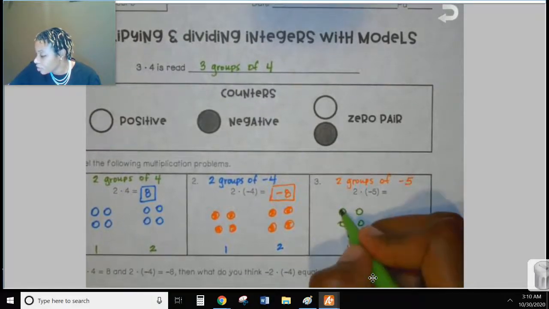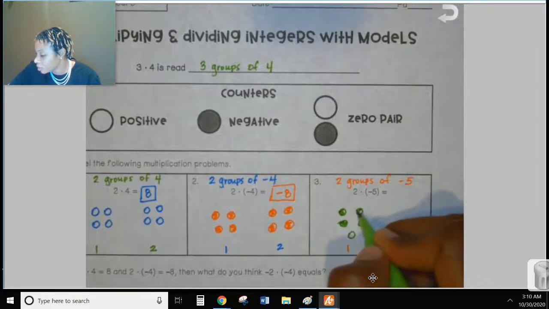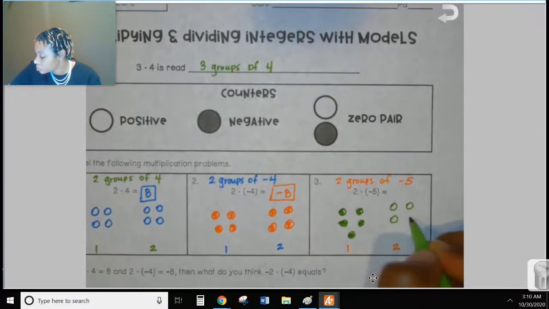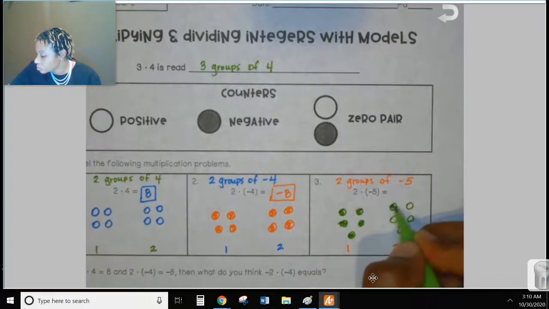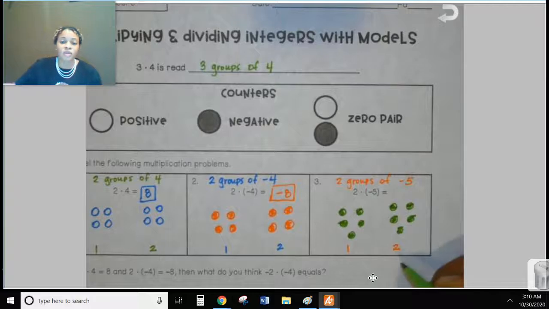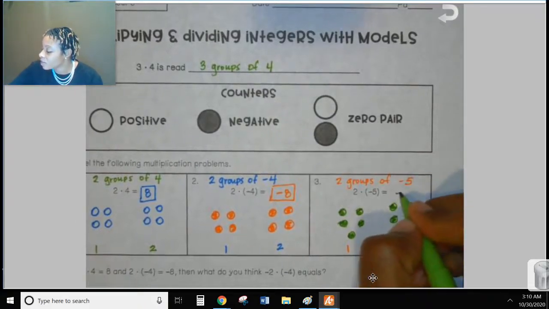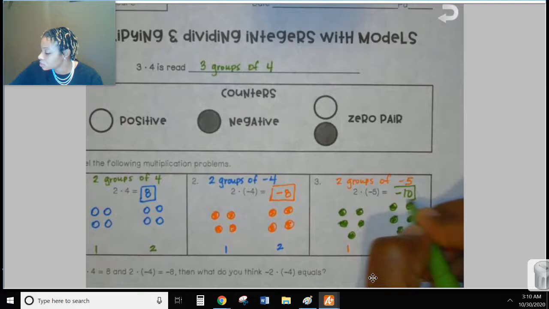And they're negative, so I'm going to shade them so we know. So if I have 2 groups of negative 5, how many total counters do I have? I have negative 10 counters.